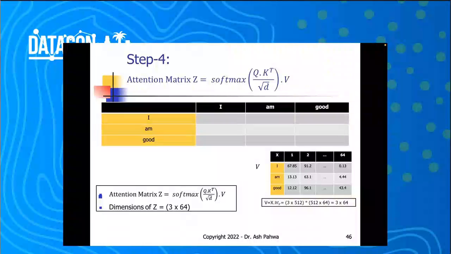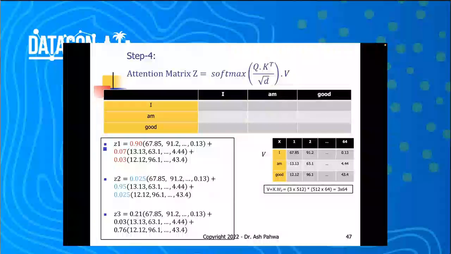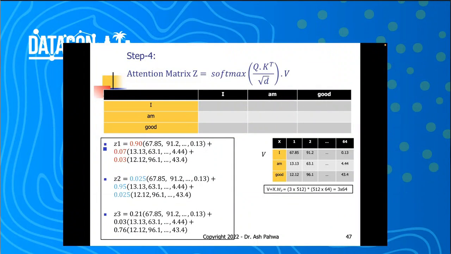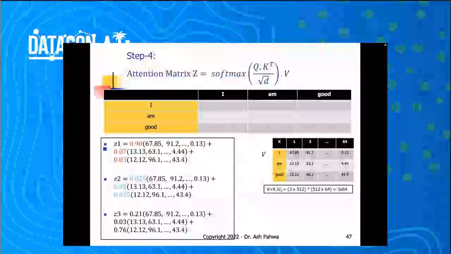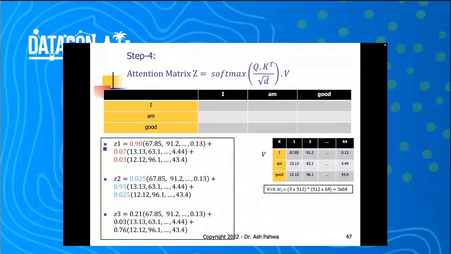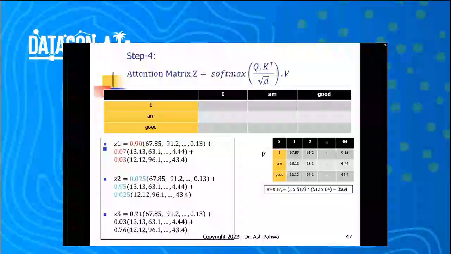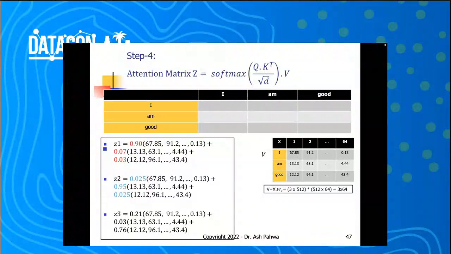The important thing is that finally, when you compute step 4 of the self-attention matrix, we are going to get these things. Here I'm going to have my modified embeddings. That's the point I'm trying to make. I have 5 minutes left, and that's basically all I wanted to say: self-attention is a way by which I can change the embedding of my words based upon the context where it is used.